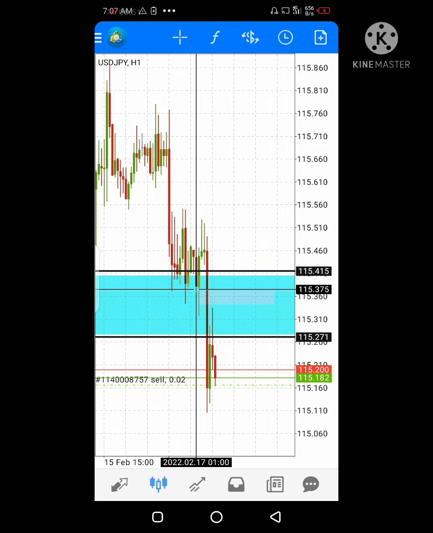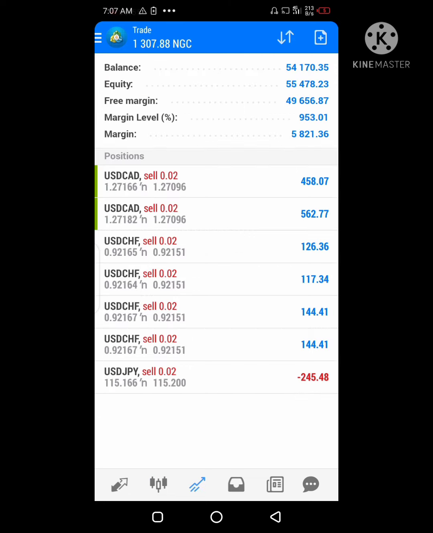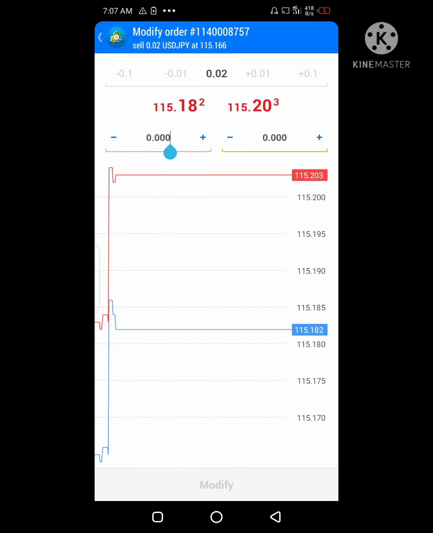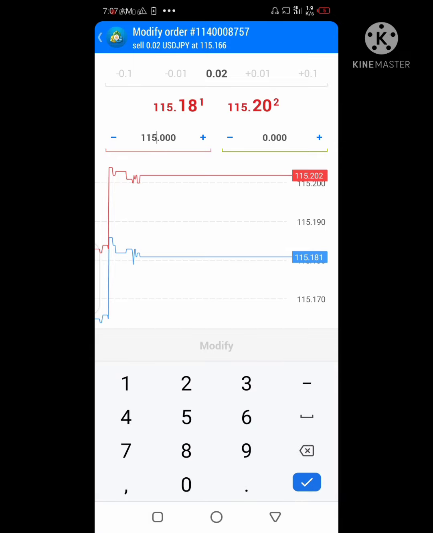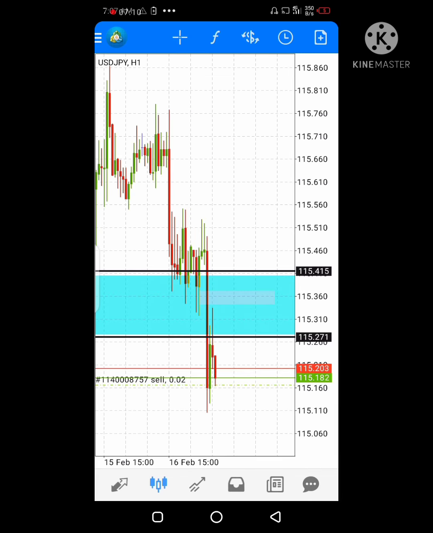So at 115.375 we're putting our stop loss. We're going to put our stop loss right here. You can see it is very obvious.